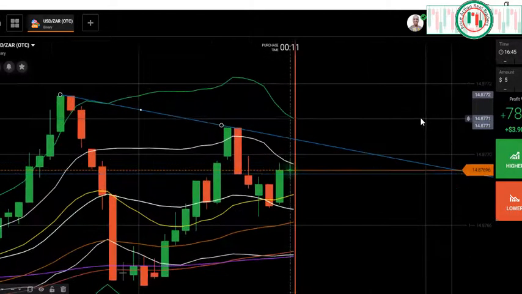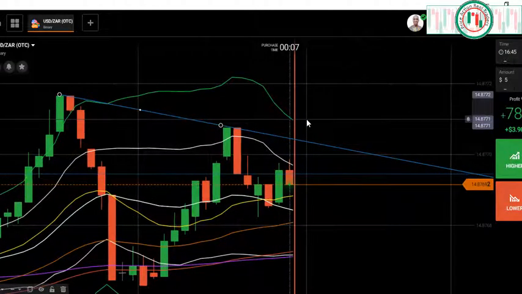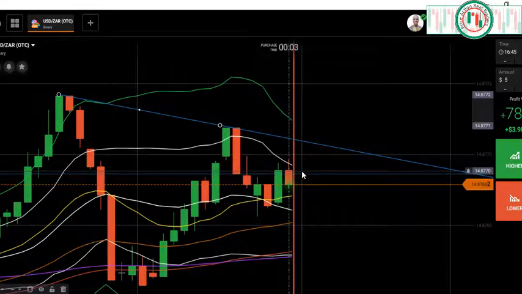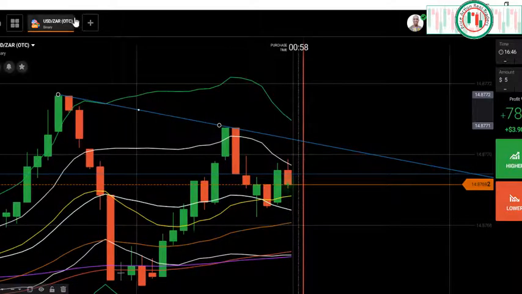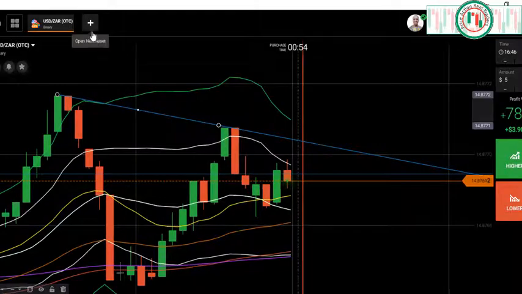So here an uptrend. This is consolidation area. So we are in ranging market.